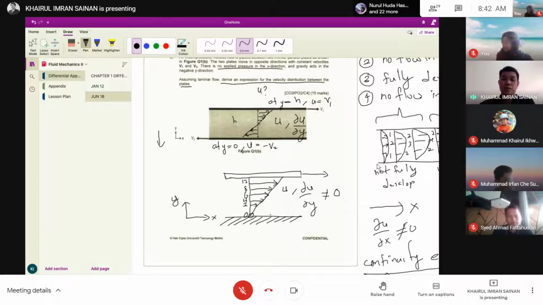By using this information or your knowledge on this, since your plate is moving in the opposite direction, you have two triangles. One to the right, another one to the left. And it crosses an axis, which is y. Okay. So any question up until this point?